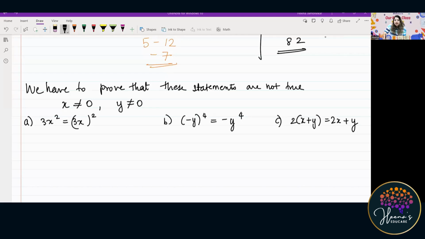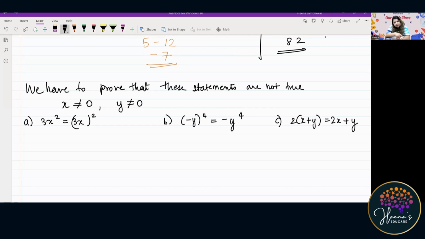In this question, we have to prove that these statements are not true. Okay. They are saying in the sum that x should not be equal to 0 and y should not be equal to 0. So what do we have to do? We have to assume any value for x and y, wherein, okay, we are trying to say that x should not be equal to 0 and y should not be equal to 0.